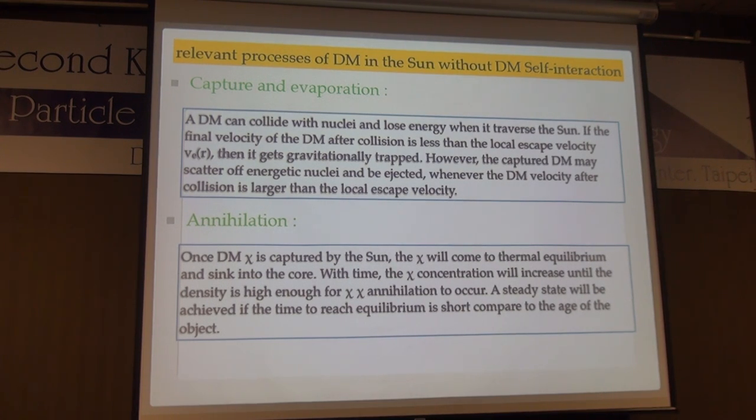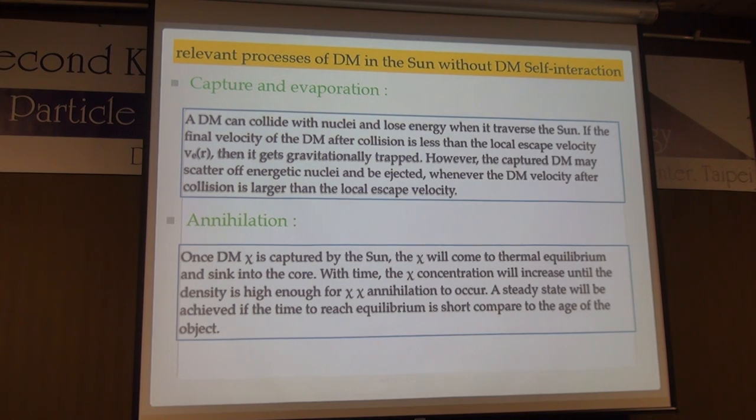Dark matter trapped inside the sun still has an opportunity to collide with the nuclei of the sun. Then, after scattering, if its final velocity is larger than the escape velocity, it can be kicked out. Although it has been trapped, it can be kicked out. We call this evaporation.